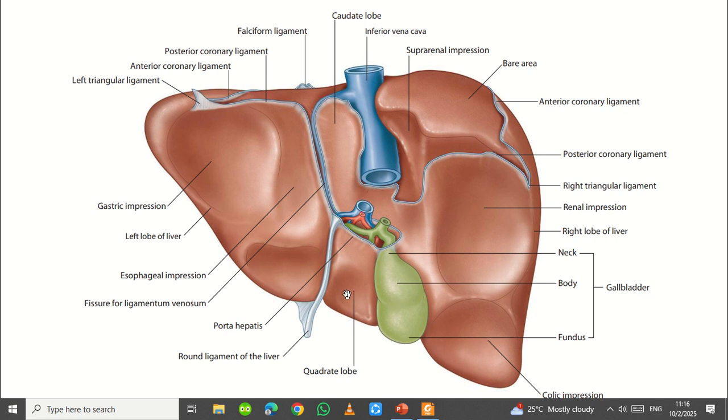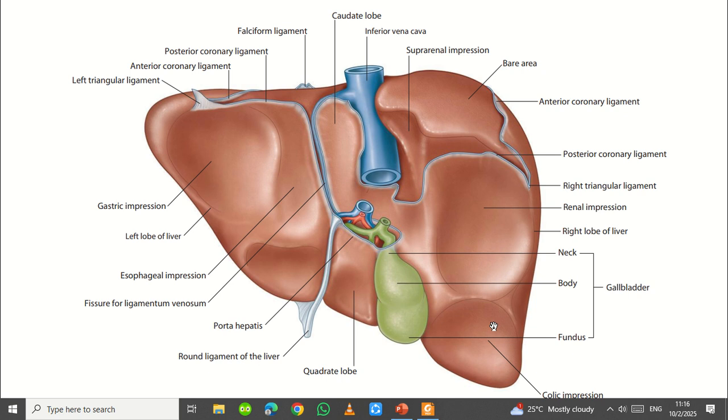What does this mean? It means that functionally, the caudate lobe and the quadrate lobe receive the same blood supply that goes to the left lobe. So you have your left hepatic artery supplying the caudate lobe and the quadrate lobe and the left lobe of the liver. But anatomically, these structures belong to the right lobe of the liver.